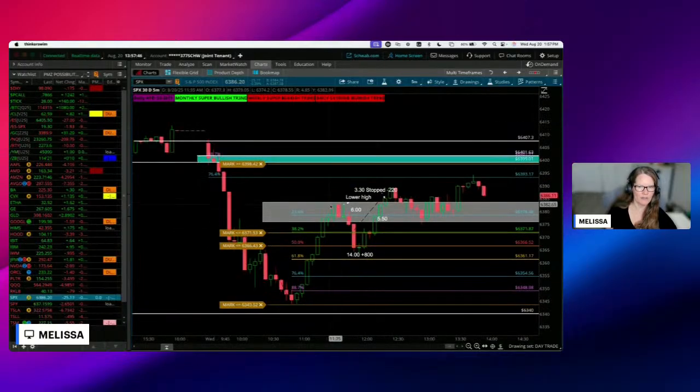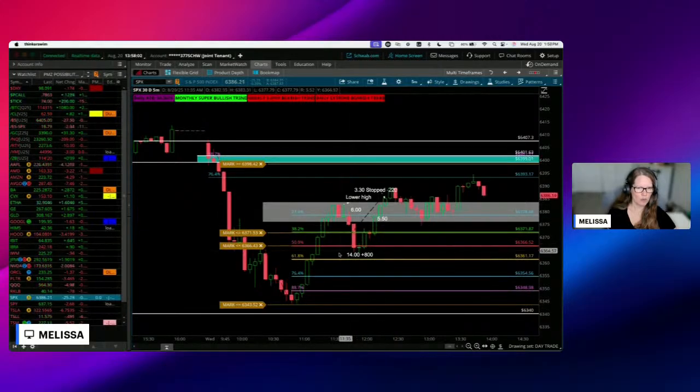Today this would have been a scalp type resistance zone here. I took this trade, I went short, I bought puts. And this was my target area, a shorter term floor here because I was just scalping. And you can see I bought them at $6, sold them at 14.